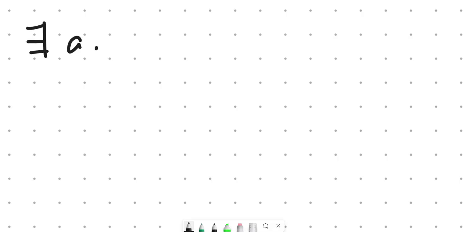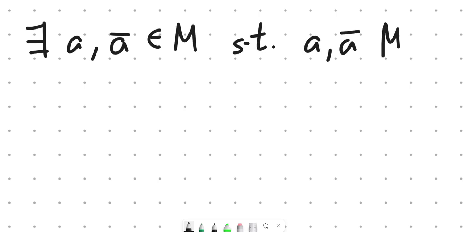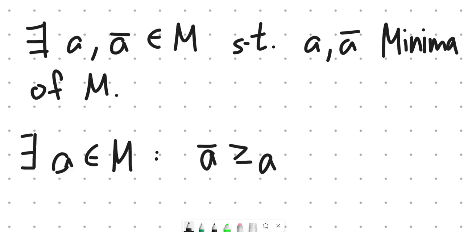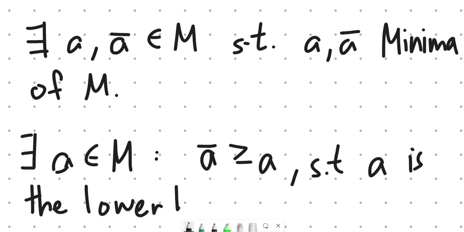We just say there exists an A and an A dash in M such that A and A dash are the minima of M. So if A is a minimum of M, there exists an A in M so that every A dash is always bigger or equal to A, such that A is the lower bound to A dash.